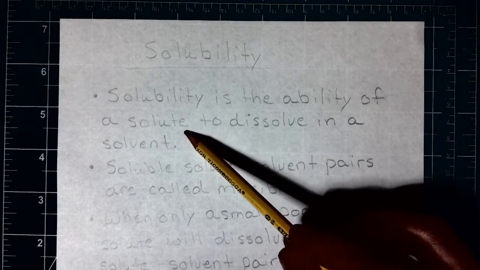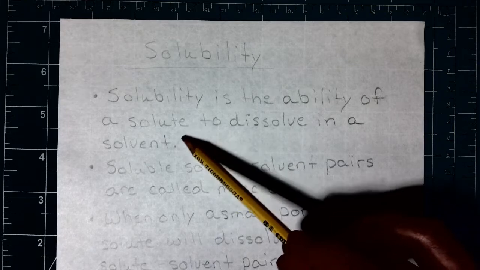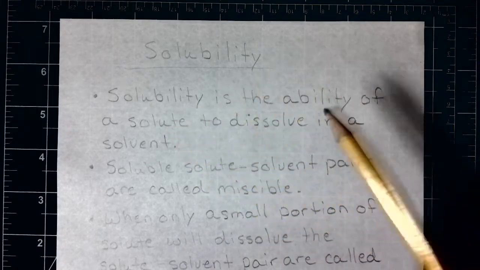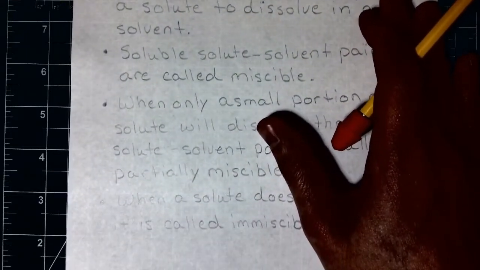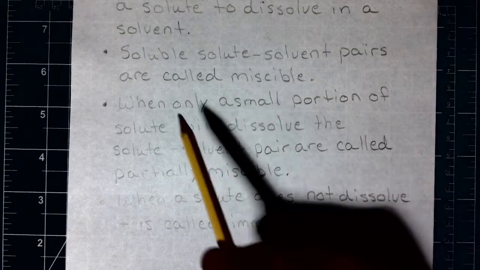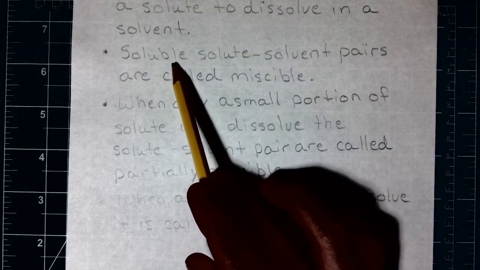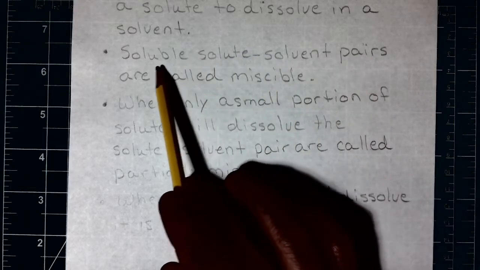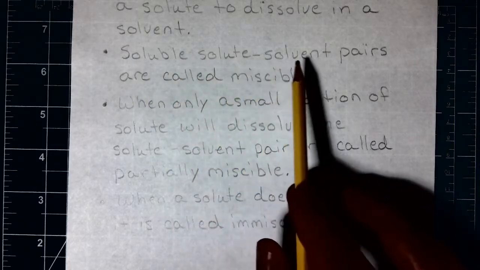Or we've seen that there can be things that are infinitely soluble, where we can just keep adding more and more to the solvent and it will keep dissolving to the best of its ability. When we have a soluble solute-solvent pair, that means that an appreciable amount of solute is able to be dissolved in a solvent.